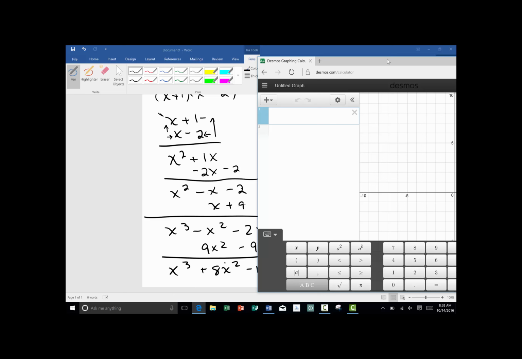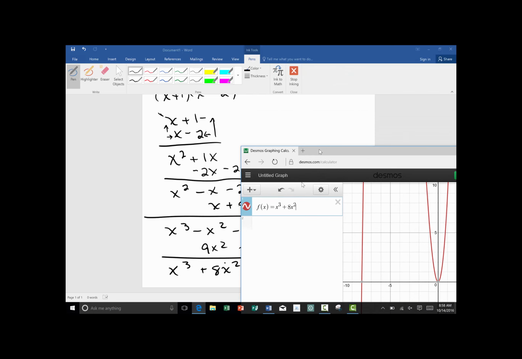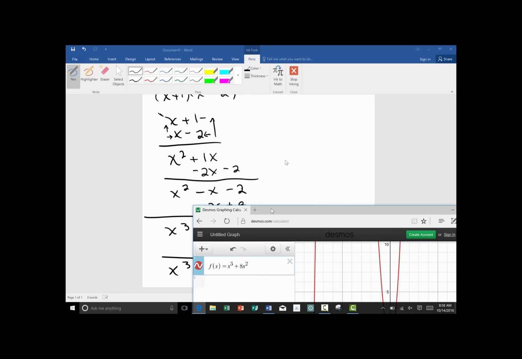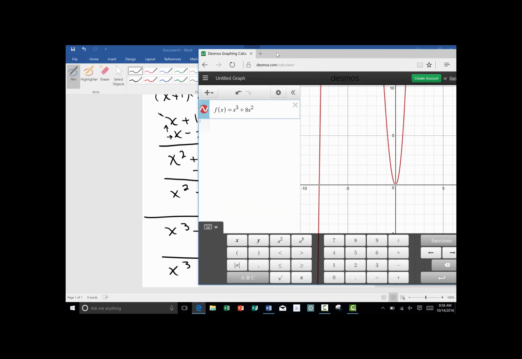So we got f of x equals x cubed plus 8x squared. Let's see what the rest of it was. Let me pull this down so I can see it. Minus 11x minus 18.